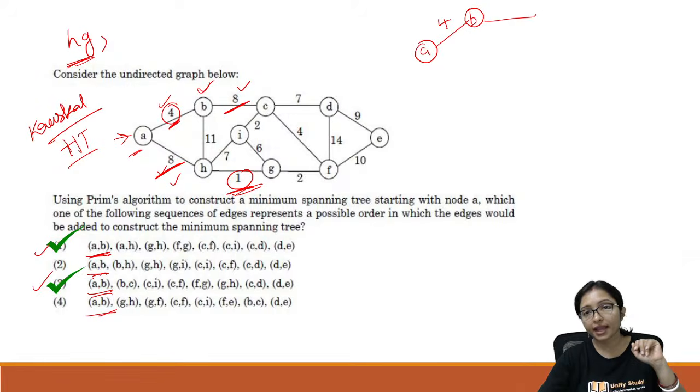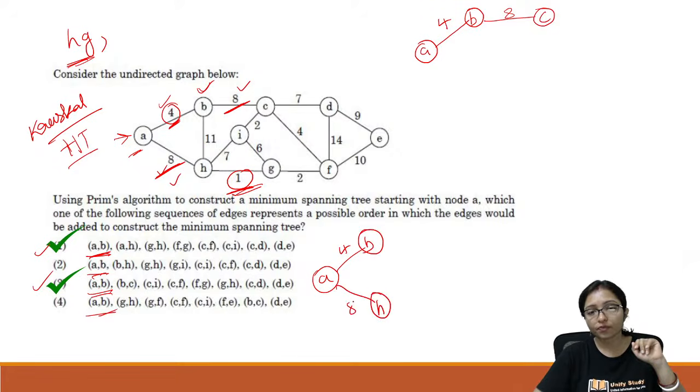So I can take this 8, or I can take the other one. Any one of them I can take, right? So my sequence is AB, after that BC, that is possible. Or AB, after that AH, that is also possible.